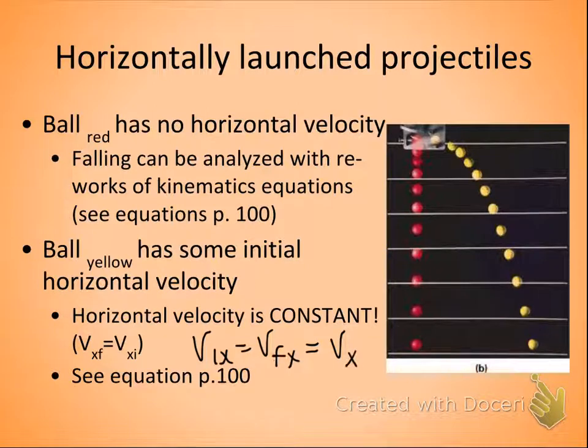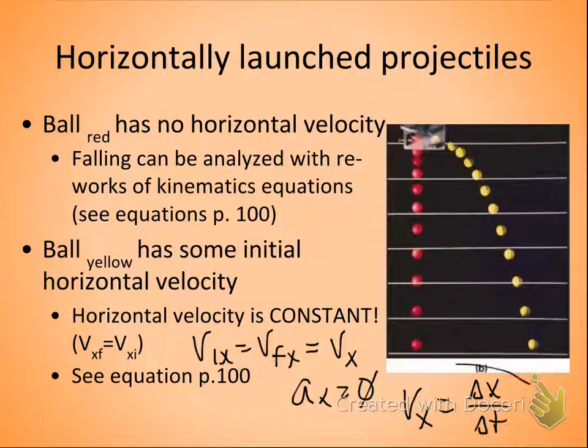The acceleration on the x-axis is 0. A_x equals 0. That means when we're looking at a horizontally launched projectile, we can say V_x is equal to delta x over delta t. That's going to come in really handy.